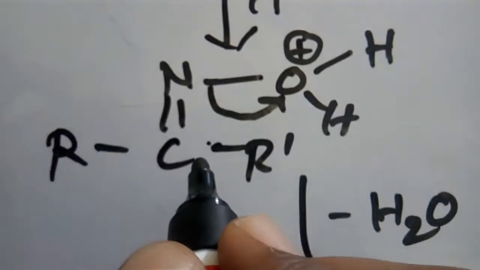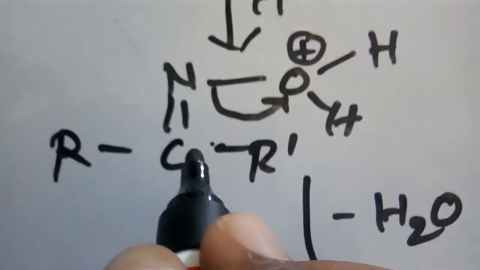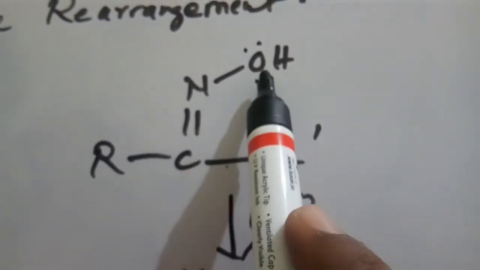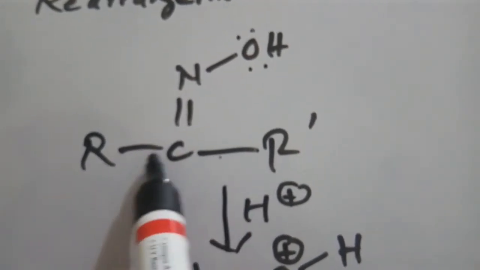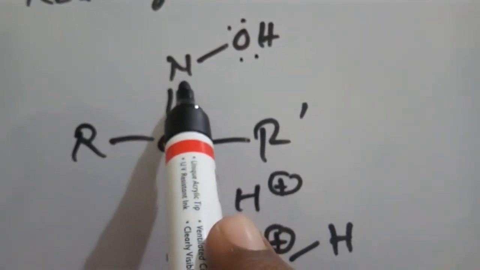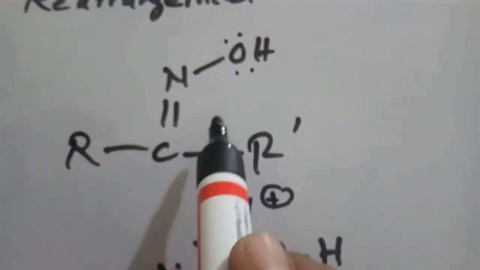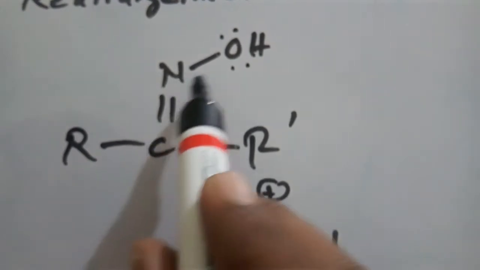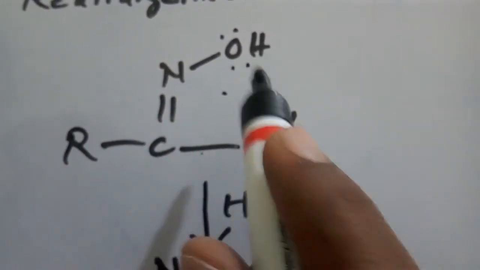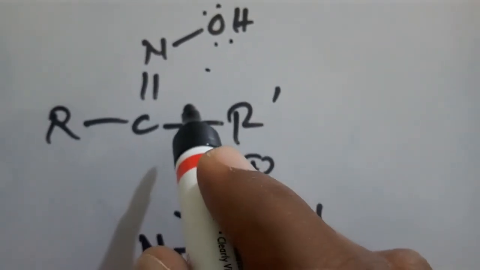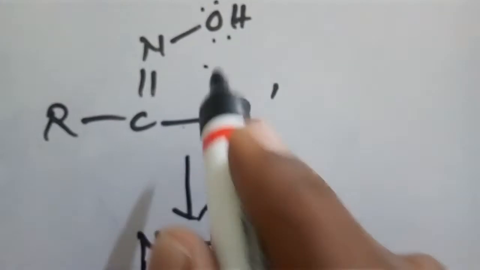But the point is that according to this reaction mechanism, the group which is present opposite to this OH group migrates onto the nitrogen. According to the stereochemistry of this rearrangement, the group which is anti-position to this OH group in space migrates.